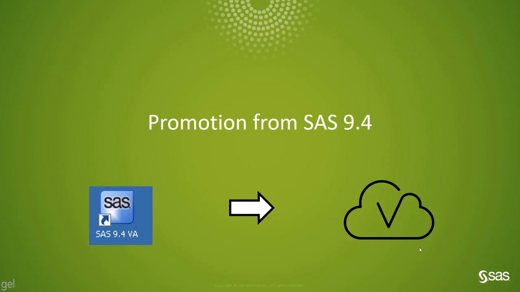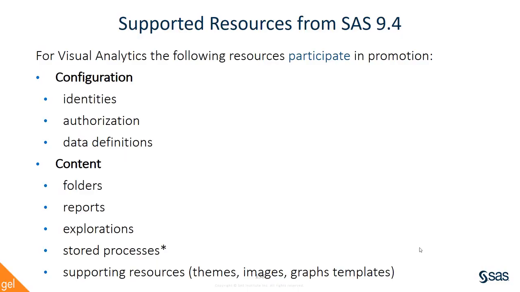All right, let's look at promotion from SAS 9.4 to Viya. So for visual analytics, the following resources participate in promotion. In the configuration area, identities, authorization, and data definitions are the resources that participate in promotion.